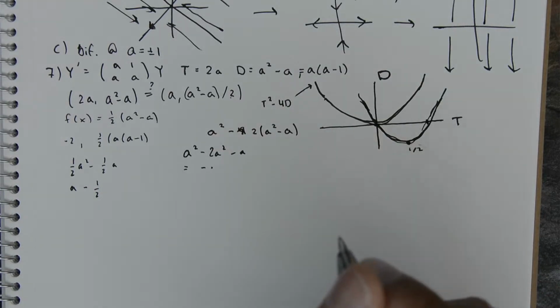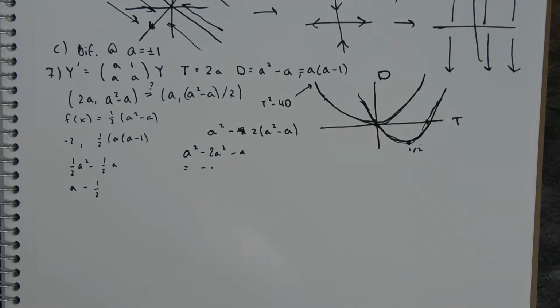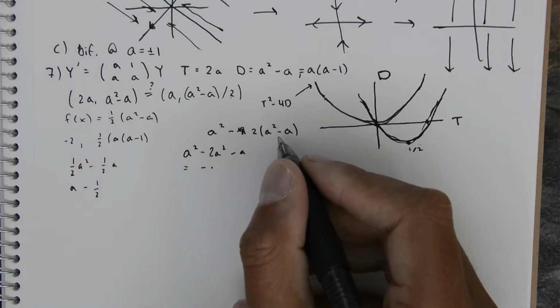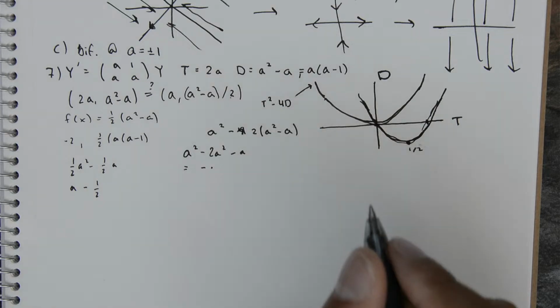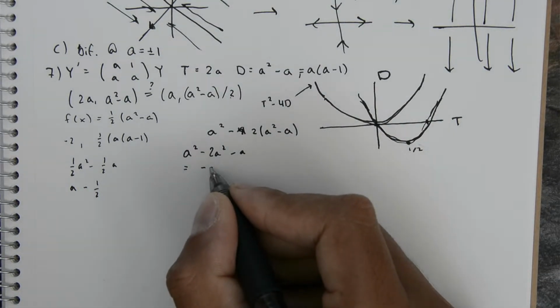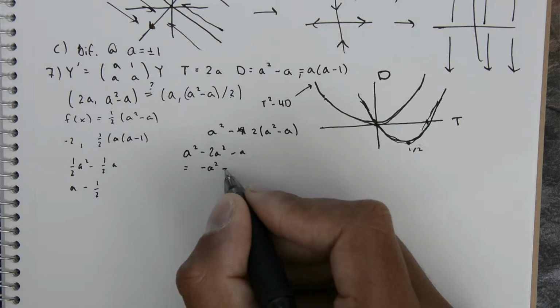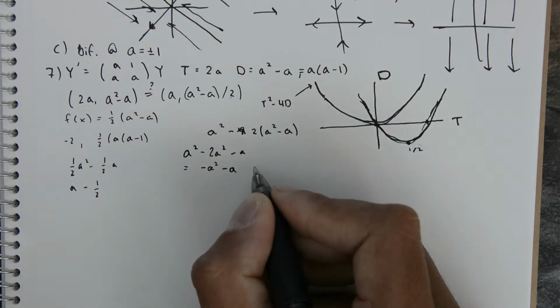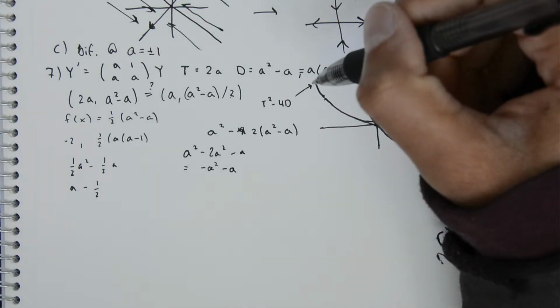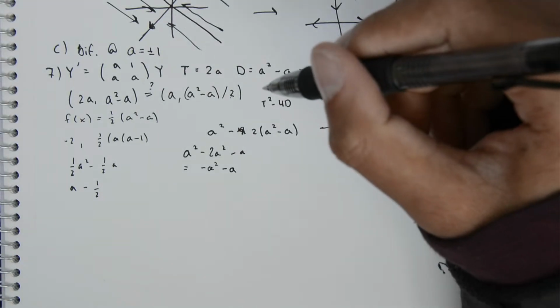Wait. Something's wrong. This can't be right. Because this would be minus a squared minus a, but that doesn't make sense because it's an upward facing parabola and it has a 0.